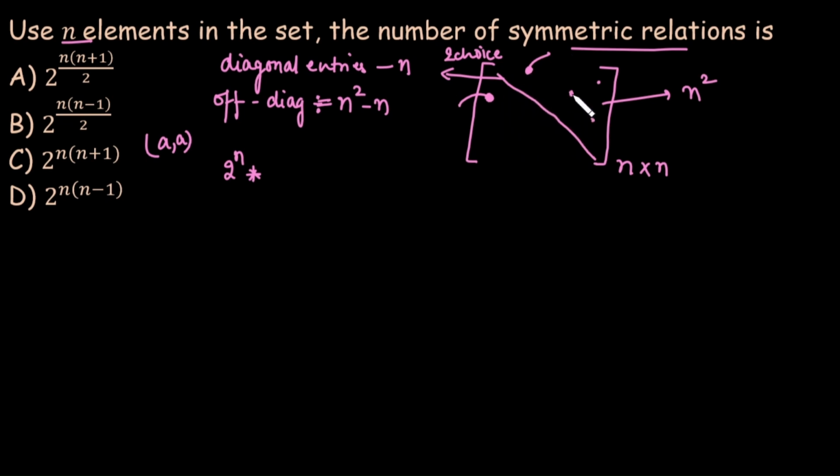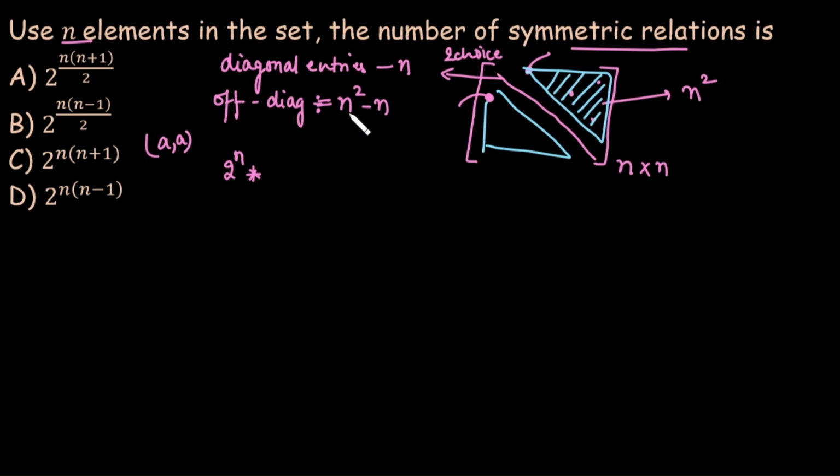Here we have n square minus n entries in this area plus this area. As we are working pairwise, we will just take the choices for one case. Because if we are taking any entry from the upper diagonal entries, we have already covered the lower diagonal entries. So how many upper diagonal entries are there?